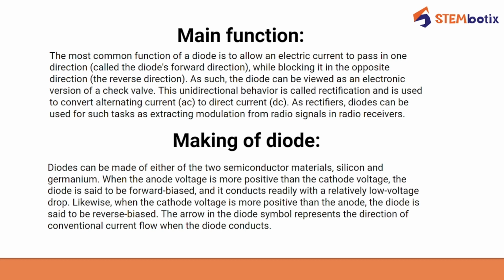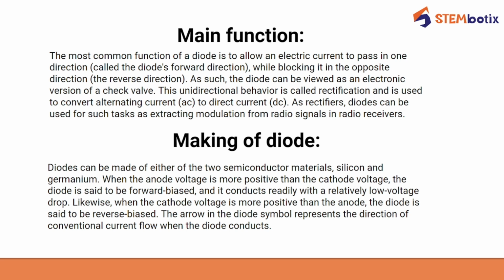The most common function of a diode is to allow an electric current to pass in one direction only, which is called the forward direction, while blocking it in the opposite direction, which you can also call the reverse direction. As such, the diode can be viewed as an electronic version of a check valve. This unidirectional behavior is called rectification.